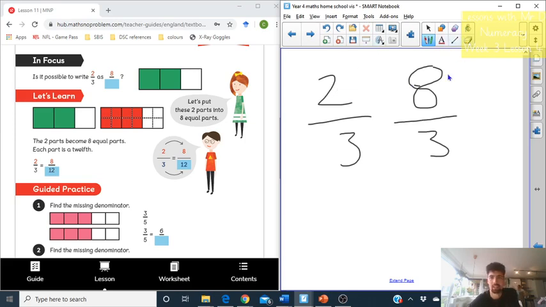Could it be 2/8? Could it be 8 quarters? No, because there would be 2 wholes.